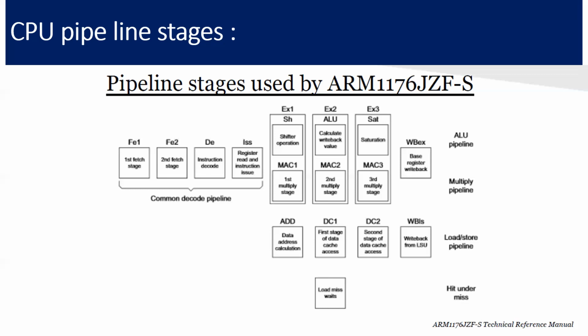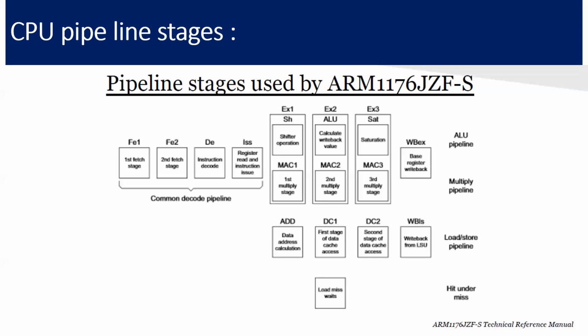Last time we saw that when initially instruction 1 is fetched, during the next clock cycle, instruction 1 is decoded and instruction 2 is fetched. During the third clock cycle, instruction 1 is being executed, 2 is being decoded, and instruction 3 is being fetched.